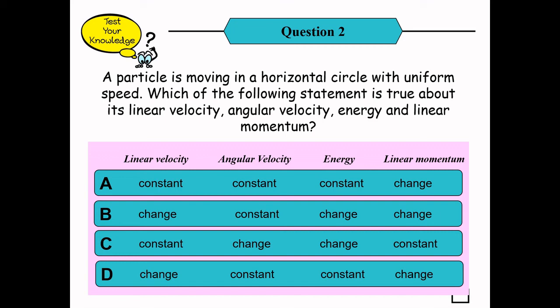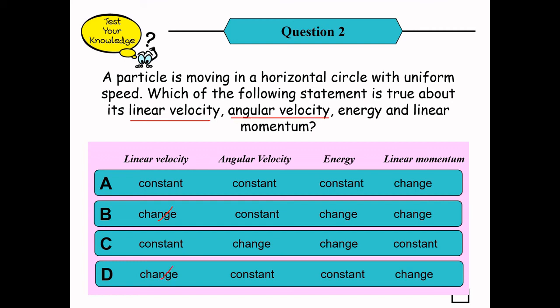Before I tell you the answer, let's discuss. Linear velocity. When the particle moves with uniform speed in circular motion, the magnitude of speed is constant, but the direction keeps changing. So the answer for linear velocity is that it changes.